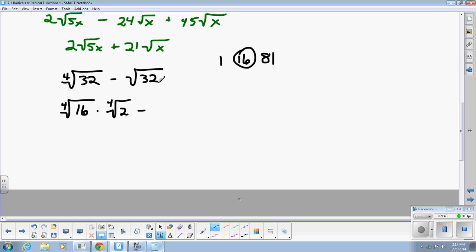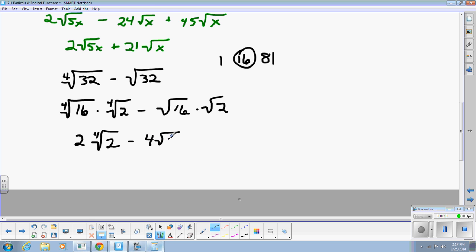So I think of my perfect squares. 16 is also a perfect square, so I'm going to change this to the square root of 16 times the square root of 2. So now to keep simplifying, what is the fourth root of 16? That is 2. 2 times 2 is 4, times 2 is 8, times 2 is 16. So there we go. 2 times the fourth root of 2 minus 4 times the square root of 2.